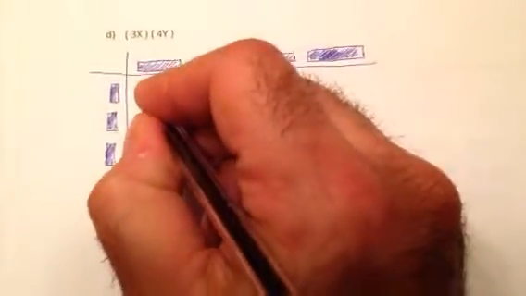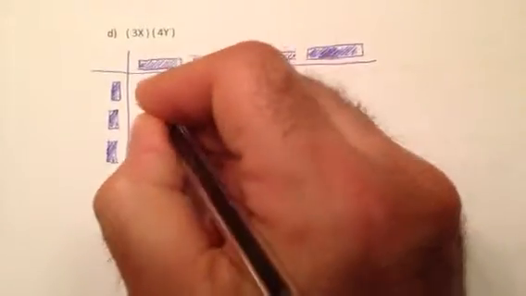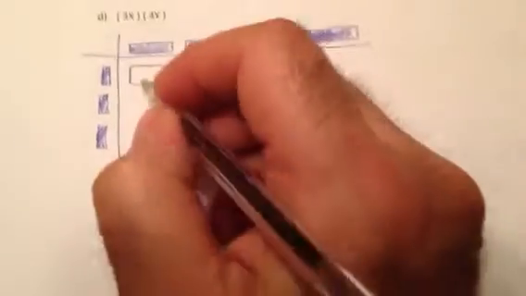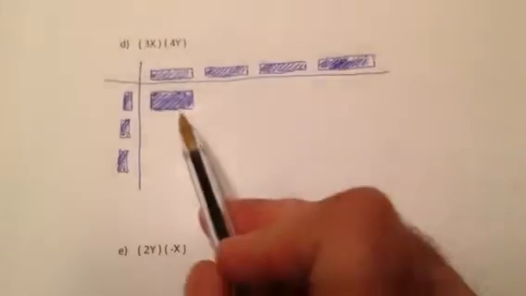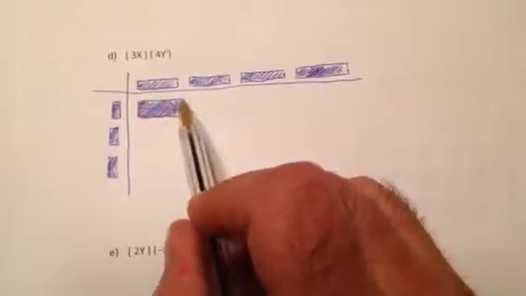Now we need shapes that will fill this space, that is this long by this wide. And there it is right there. This is a new shape that we have encountered, and it is called an XY tile. These are XY's because they are X long by Y wide.